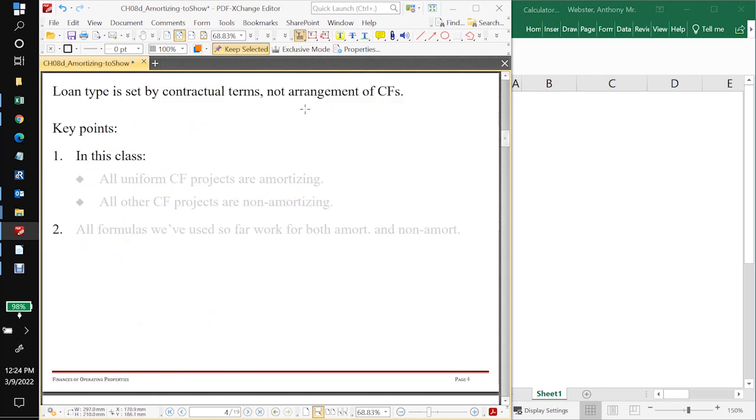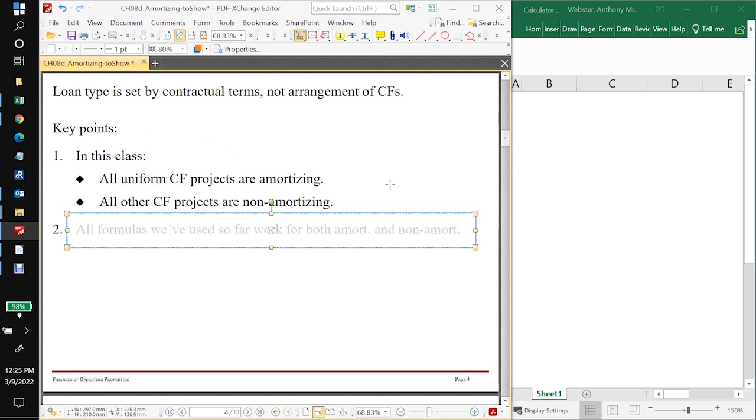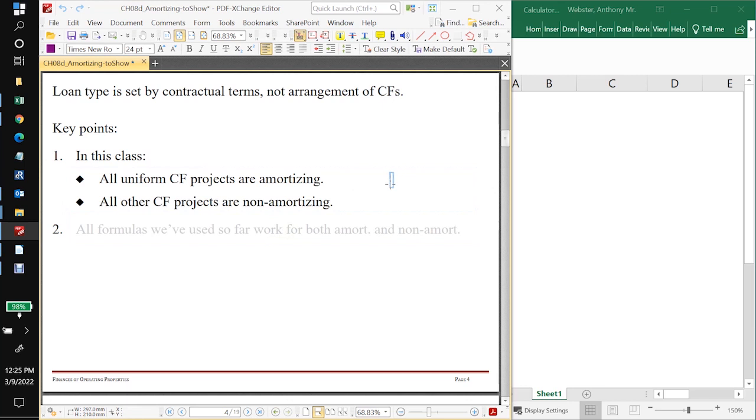The type of loan that any given loan is always determined by its contractual terms, not the arrangement of its cash flows. That said, in this class, we're going to say, and this is true most of the time, that all uniform cash flow projects are amortizing. So that'll include things like mortgages and leases and financial annuities, and all other projects are non-amortizing.